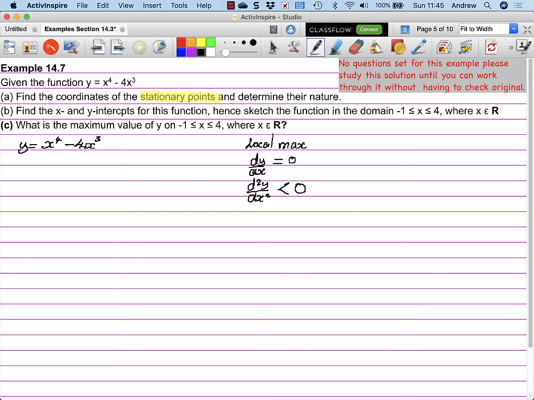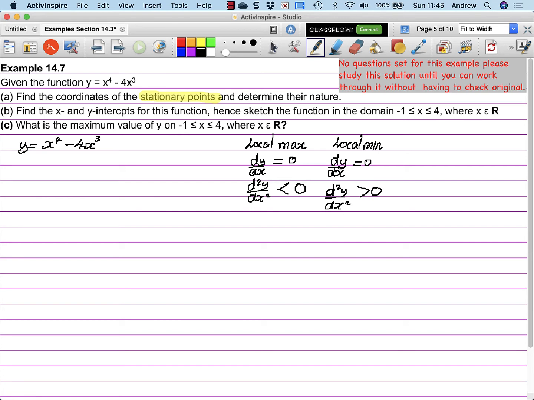And then we have a local minimum. And for a local minimum, the formula is dy dx is equal to 0, but d2y by dx squared is greater than 0.